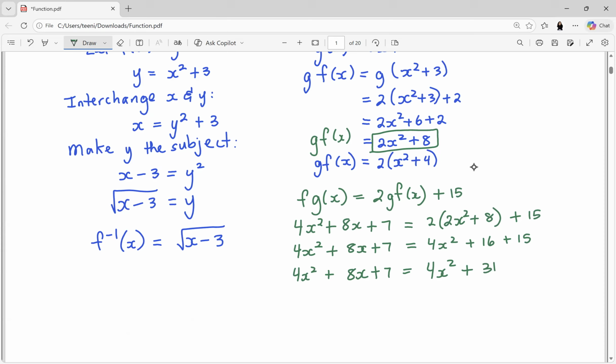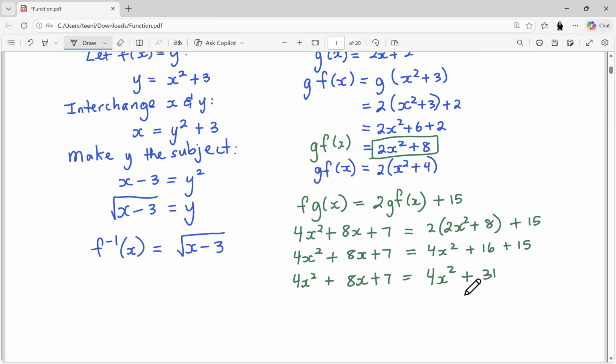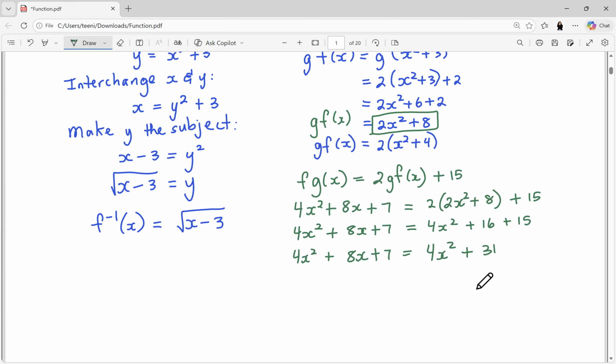Right? And now you're going to move all your terms to one side of the equation, or actually, we just want to get x's on one side and constants on the other side. Because here's what would happen. If I move this 4x squared, it's going to become minus 4x squared. So that whole thing will cancel.